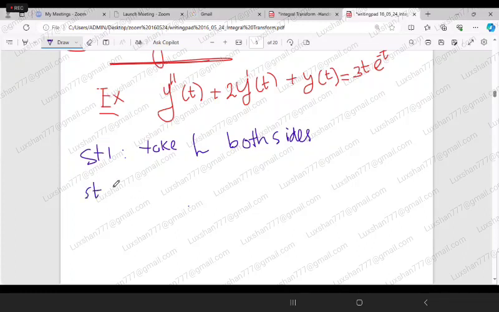Step number two: solve or simplify the algebraic equation. Once you take the Laplace transform on both sides, you will get an algebraic equation.